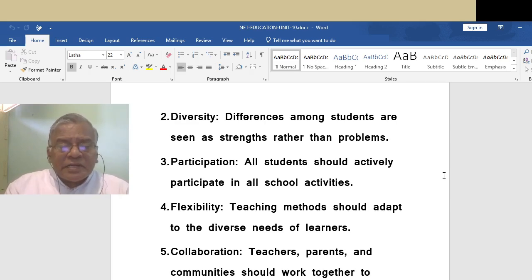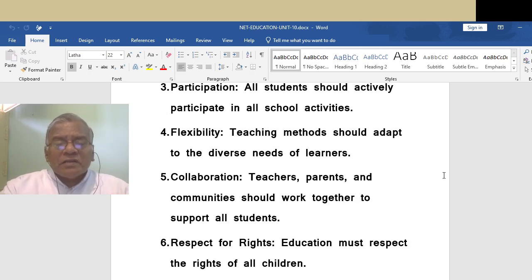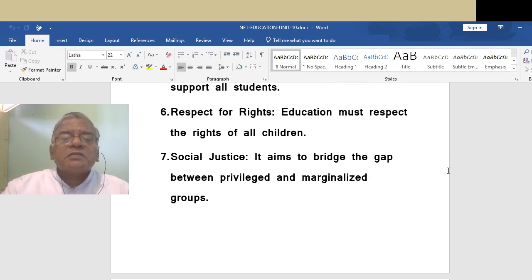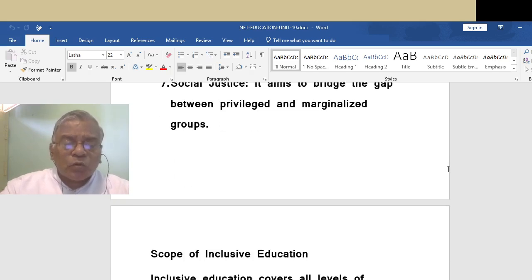Then flexibility, teaching methods should adapt to the diverse needs of learners. Collaboration, teachers, parents and communities should work together to support all students. Then respect for rights. Education must respect all rights of all children. Social justice. It aims to bridge the gap between privileged and marginalized groups.